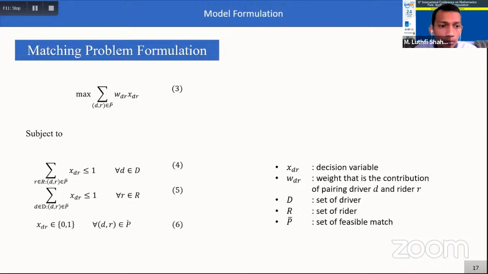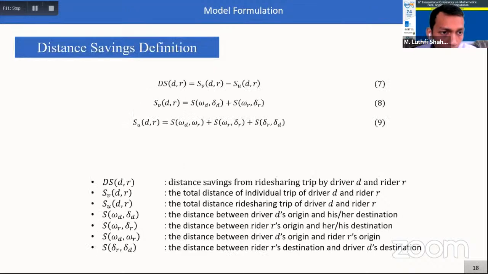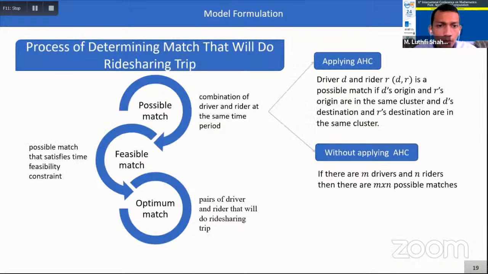Equation 5 ensures each driver pairs with only one optimal rider. Equation 6 is a binary decision. Since the goal is to maximize the total distance savings, WDR is substituted by distance savings. Distance savings occur when the total mileage of the ride-sharing trip is less than the total mileage of individual trips.